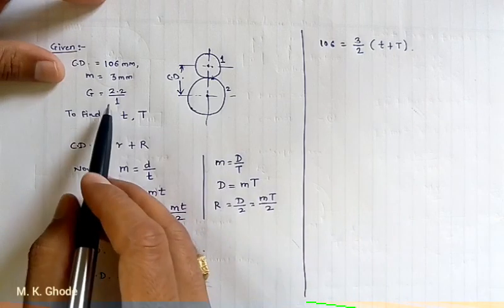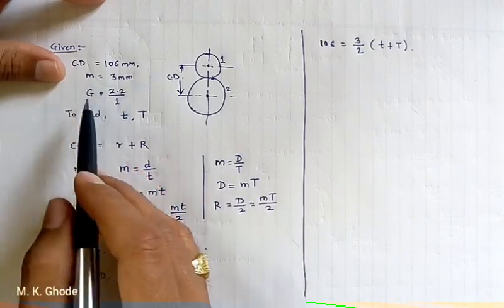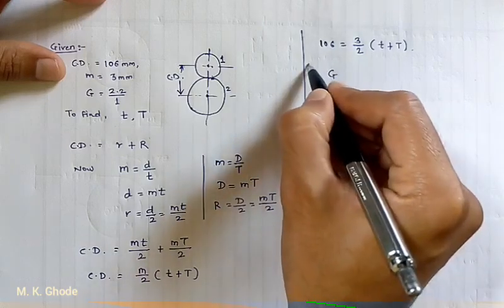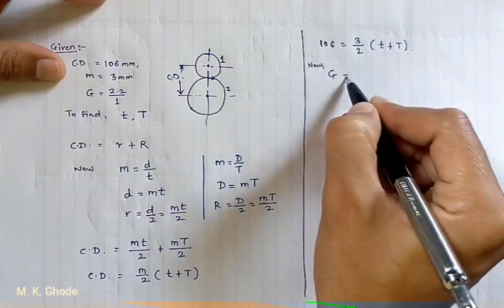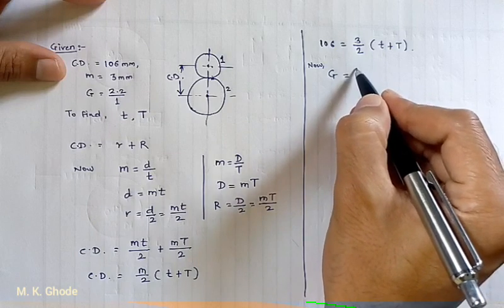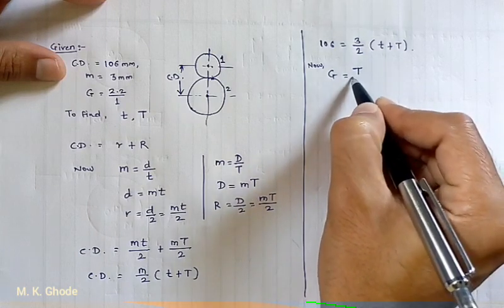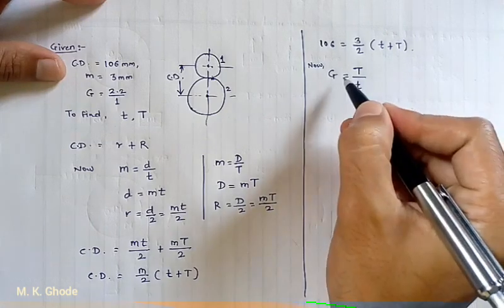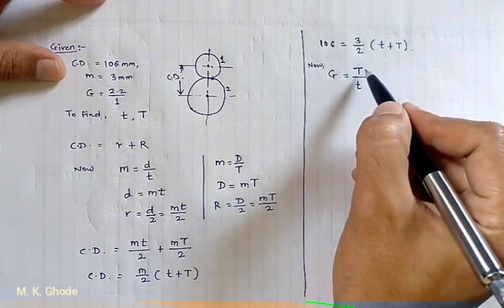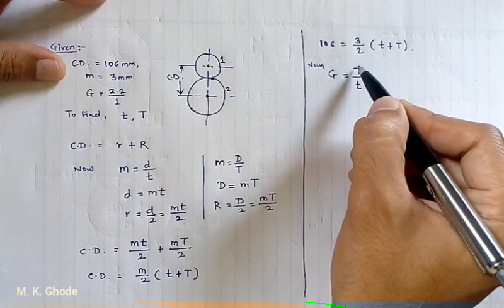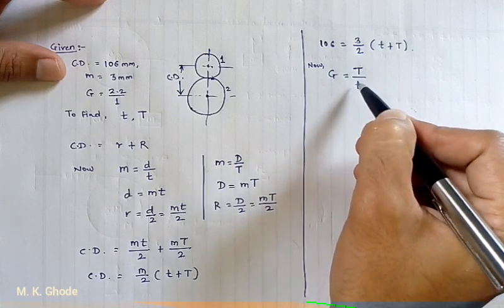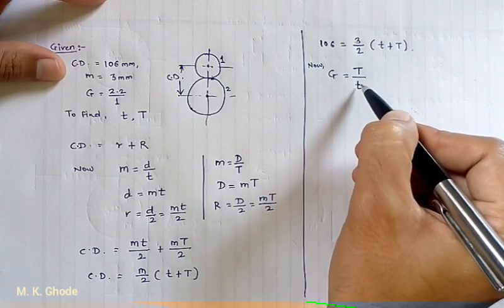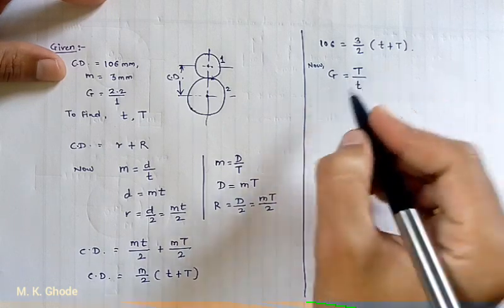But now in the given data, the gear ratio is given as 2.2. The gear ratio is the ratio of number of teeth on gear upon number of teeth on pinion. Remember this, the gear ratio is the ratio of number of teeth on the bigger gear upon the number of teeth on the smaller gear. So number of teeth on gear or wheel upon number of teeth on pinion is given as 2.2.